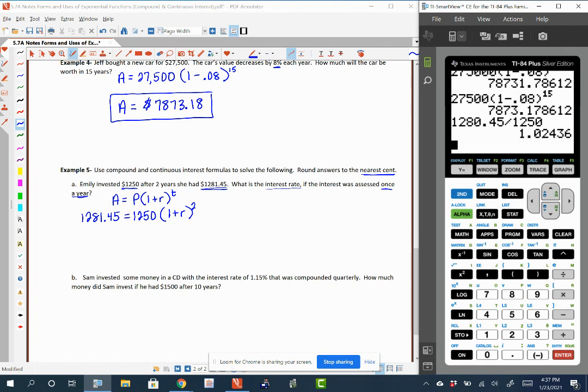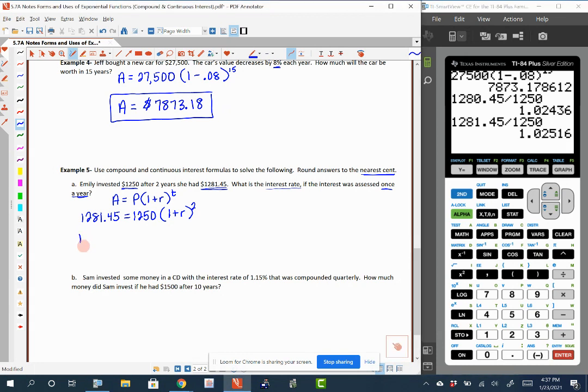So 1281.45 divided by 1250. Again, I just want to use all of those decimal places. That would give me 1.02516, and that's equal to that (1 plus r) squared.